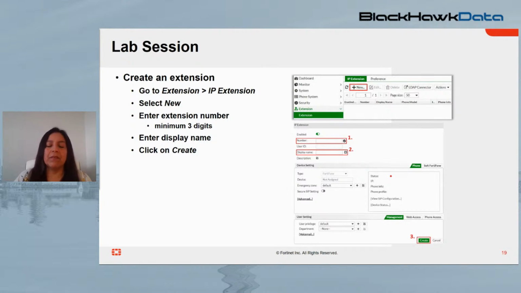I don't think that's something that we've come across very often. Then you'll want to enter in a name in the display name field, and then click on create on the bottom right. So once that's created, you're now going to see the extension listed on that same IP extension page.